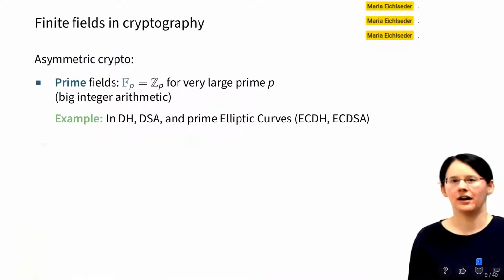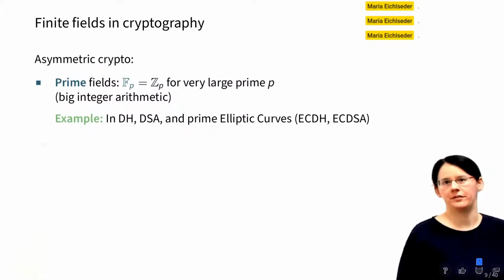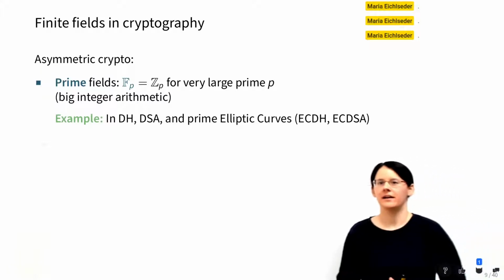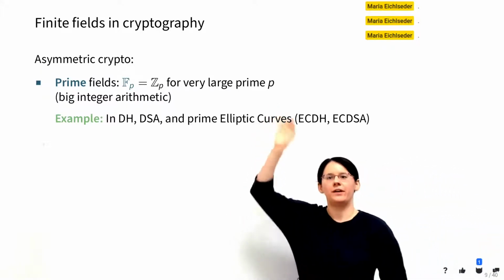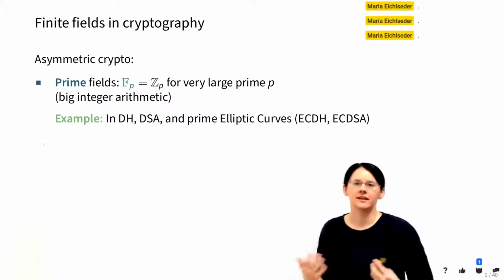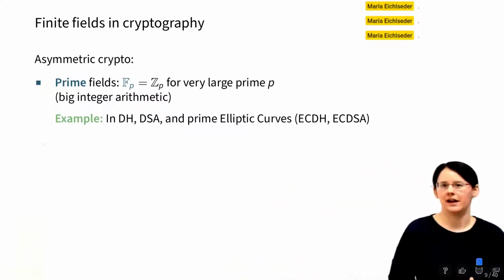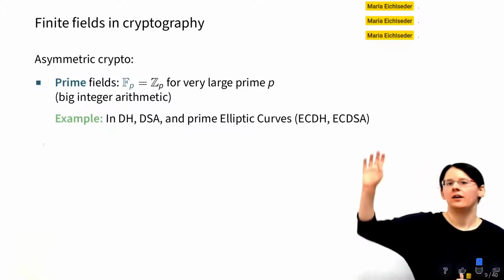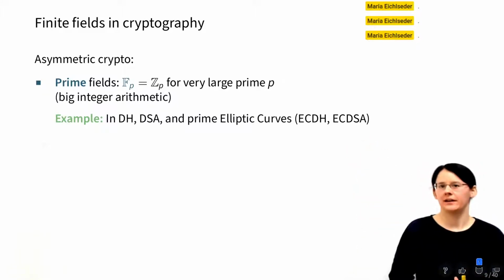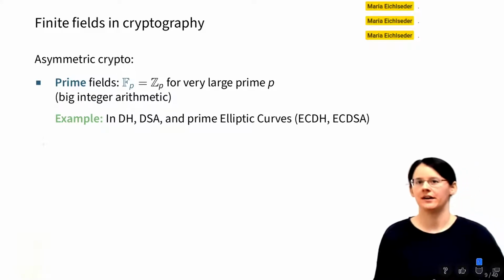Okay, so where are these fields used in cryptography? First of all, prime fields, like the one you've already known before, are used for very large primes p in the classical algorithms such as Diffie-Hellman and DSA. They are also used as part of prime elliptic curves, so elliptic curves with prime characteristic.